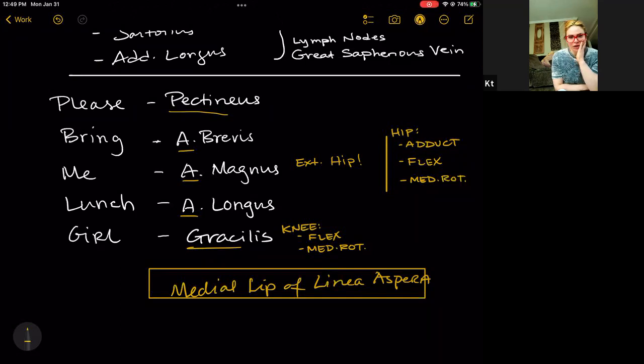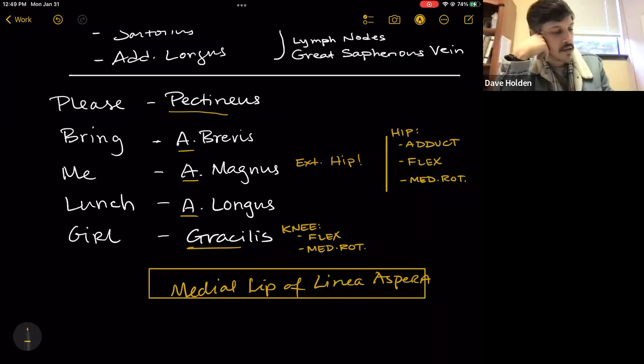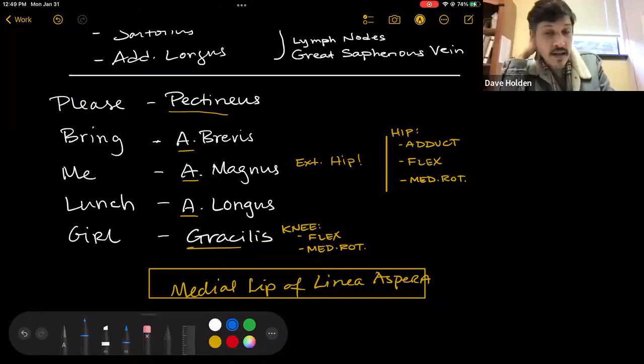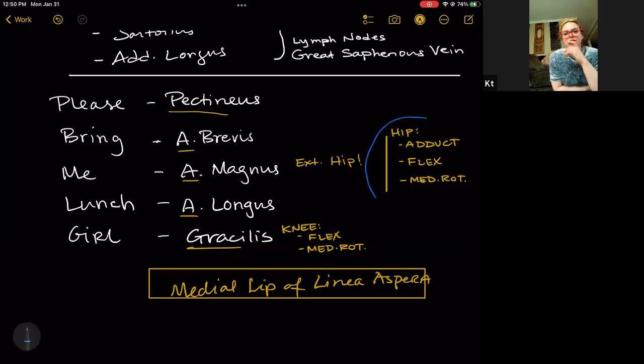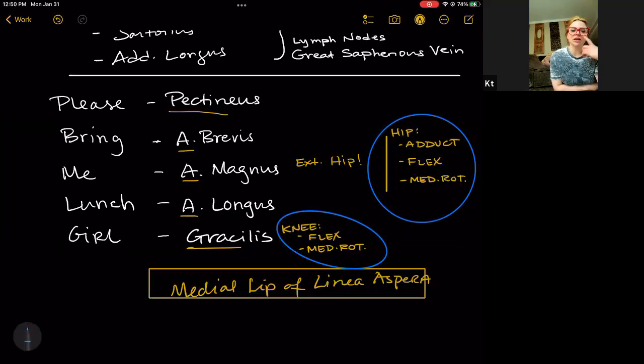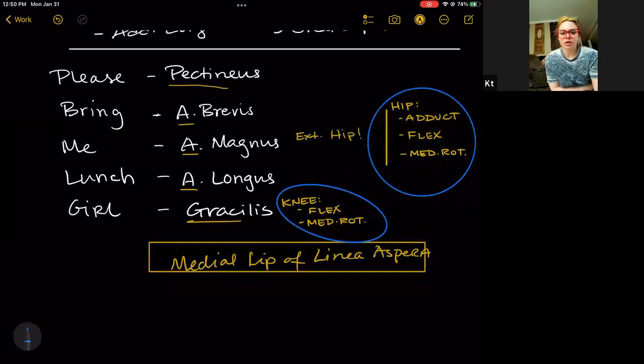And one more. Abduction. Oh, it crosses the knee, so it acts across the knee. With gracilis, it does all of those actions, so I need to go one by one and do the opposite action. Extend the knee.